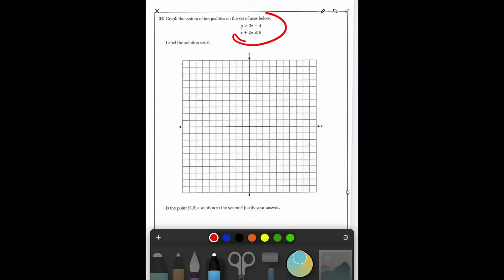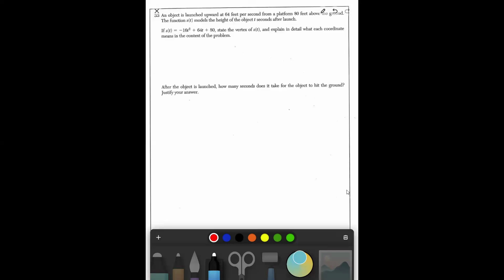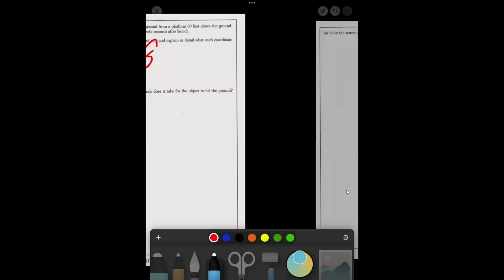This one, all right, we have a system of inequalities. We definitely have to graph this, and it's telling us to graph. Now we've got a quadratic function, so we can graph that, and that's going to help us find the vertex. It's also going to help us find where the object hits the ground.